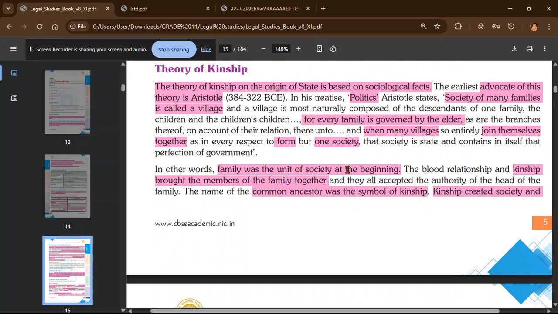Thomas Hobbes and John Locke were both political philosophers from England, and Jean Jacques Rousseau was from France. You don't have to know this. I'm just telling you so that you remember. Okay, and one more thing you should keep in mind, the books of these three philosophers. While writing an answer, it is preferred that you mention where they have told this.